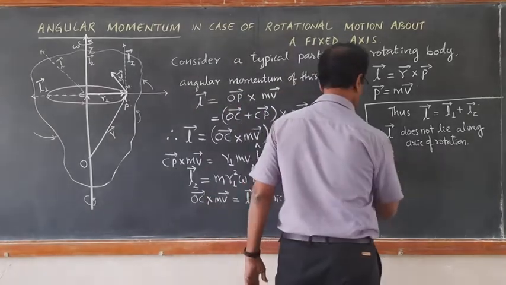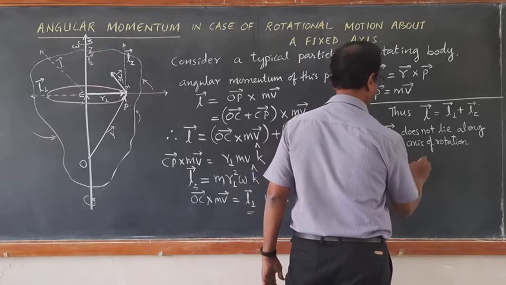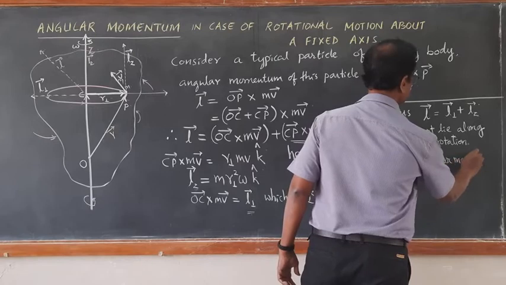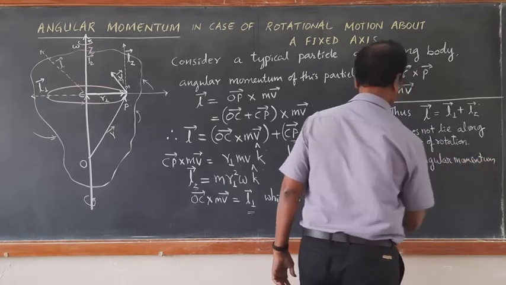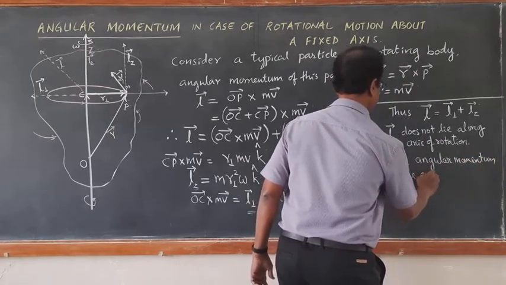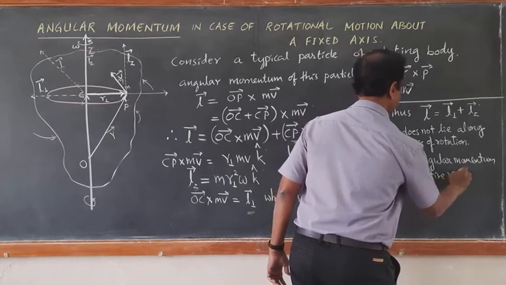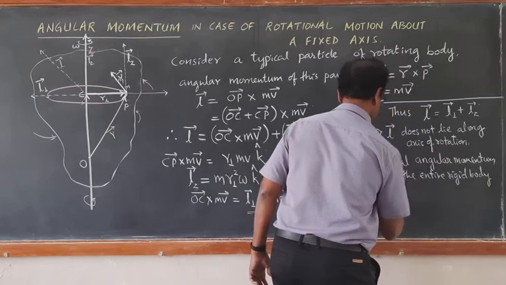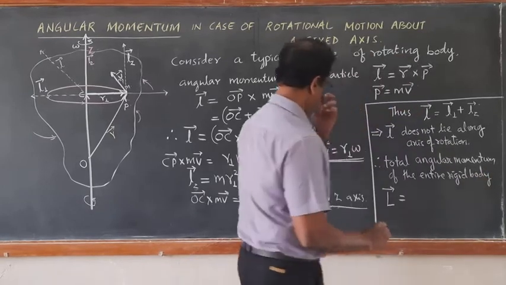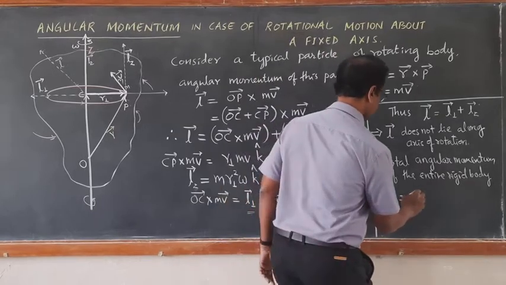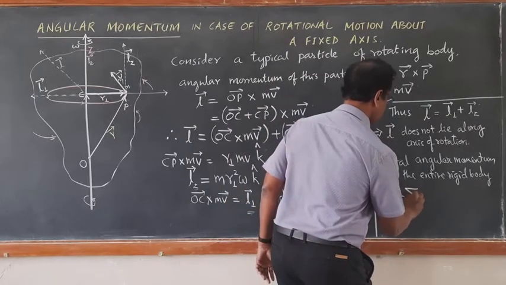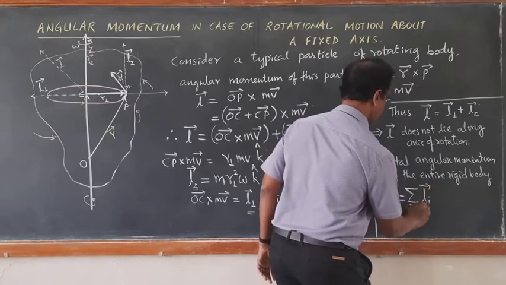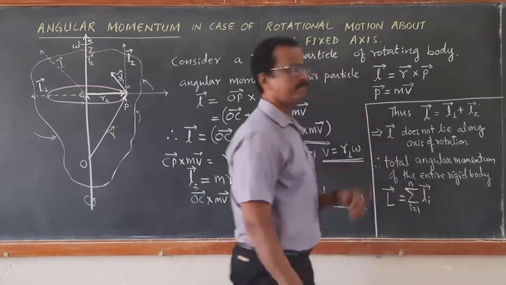So the total angular momentum of the entire rigid body can now be calculated as capital L vector is equal to summation of all such particles, summation of Li's, i equal to 1 up to n, where n is the number of particles.